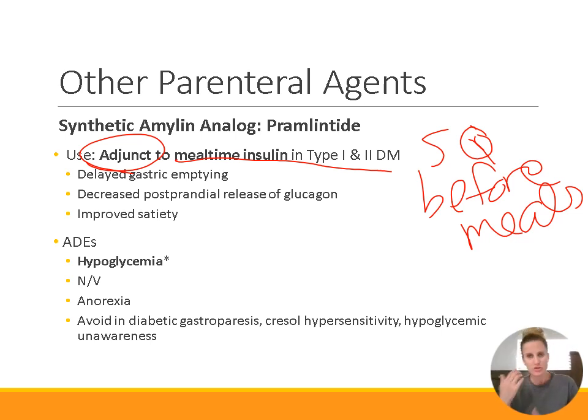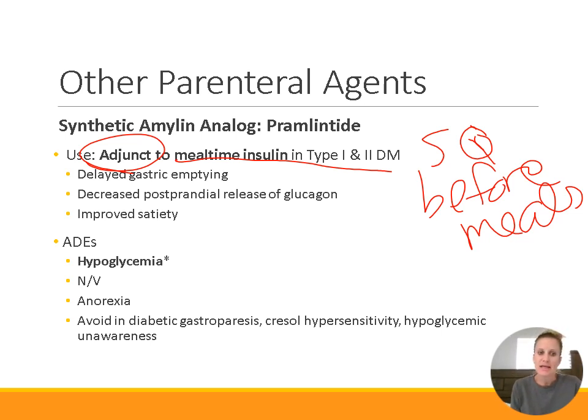And then, there's always new studies coming out, so I would keep an eye on what they're saying, because as we have more and more information coming in, we might find that it does start to get recommended more for type 1 diabetes. But the idea for this is to be used as an adjunct to mealtime insulin.